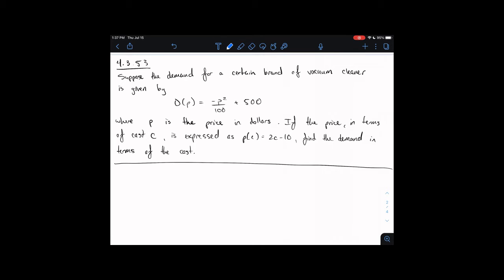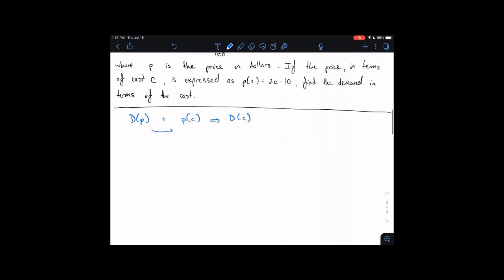So we have two functions here: d of p, the demand in terms of price, and p of c, the price in terms of cost. We want to bridge the gap and get the demand in terms of cost.